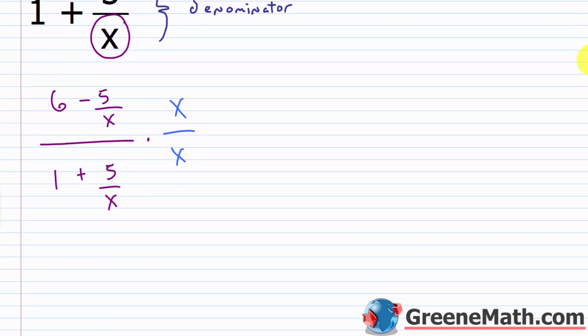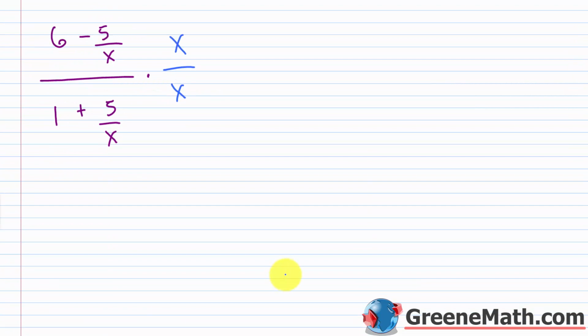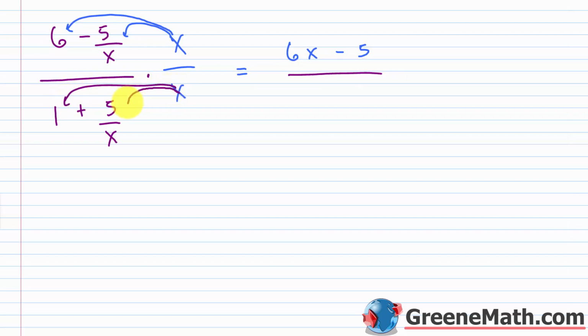So let me scroll down and get some room going. I'm going to use my distributive property here, and I'm going to distribute the x to each term. So what this would be equal to, I would have 6 times x minus 5 over x times x. So we know this x would cancel with this x, and I'd essentially have 6x minus 5. This is over, I'm going to do the same thing over here. I'm going to multiply this by this and by this.